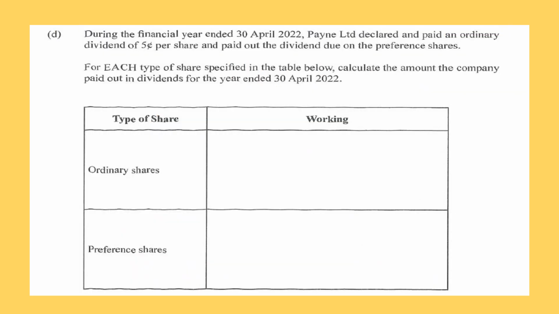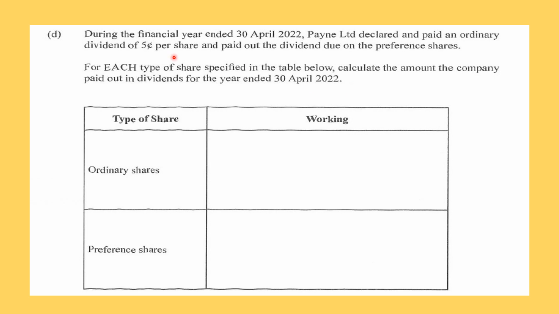Part D. During the financial year ended 30th April 2022, Payne Limited declared and paid an ordinary dividend of 5 cents per share and paid out the dividend due to the preference shares. For each type of share specified in the table below, calculate the amount a company paid out in dividends for the year ended 30th April 2022.